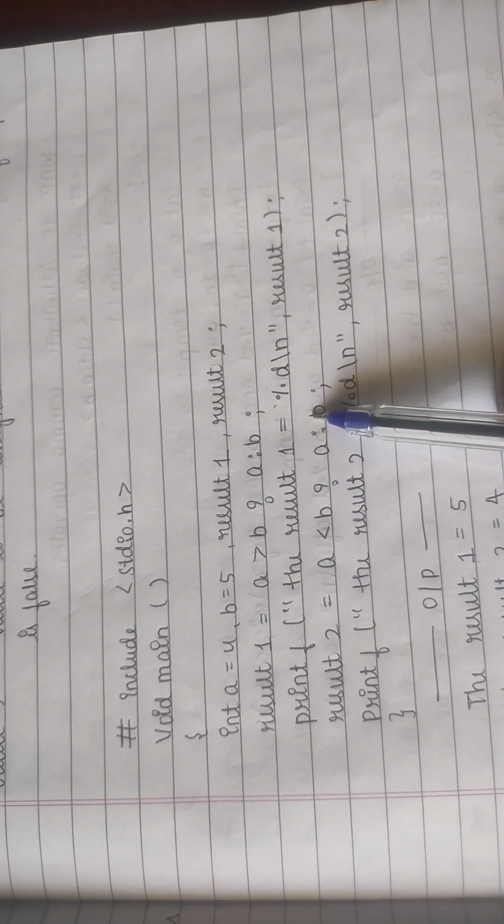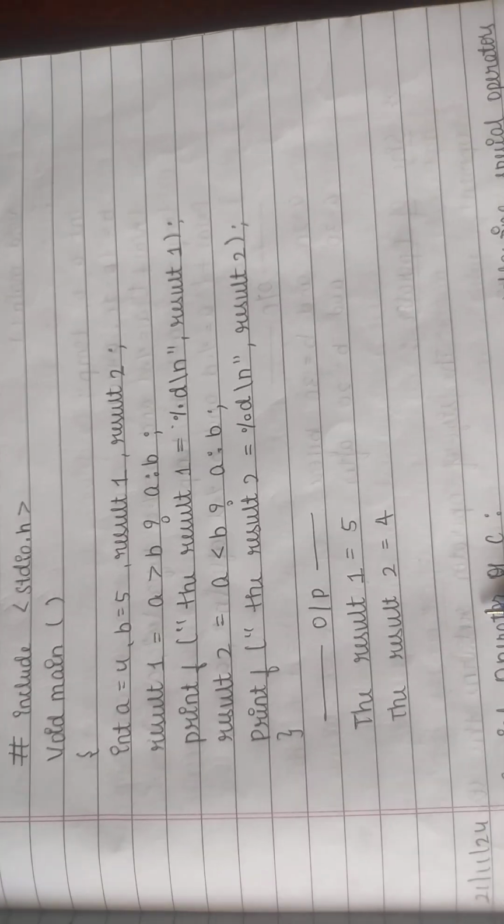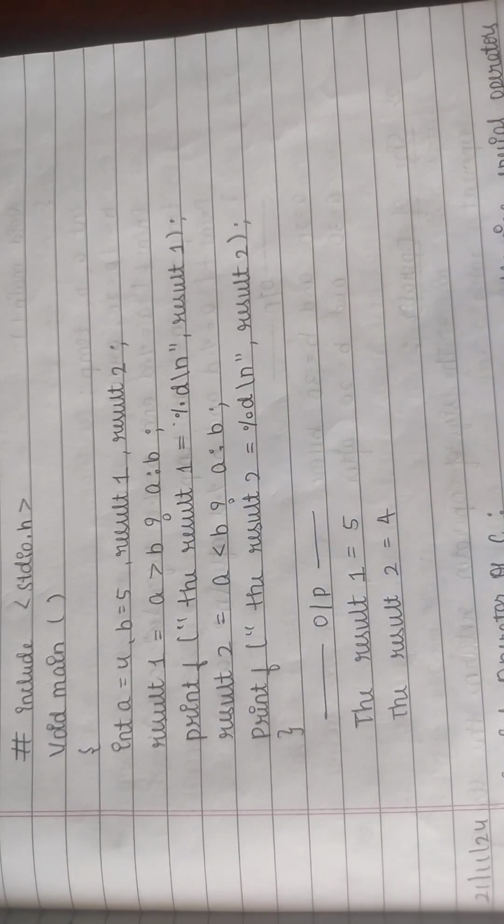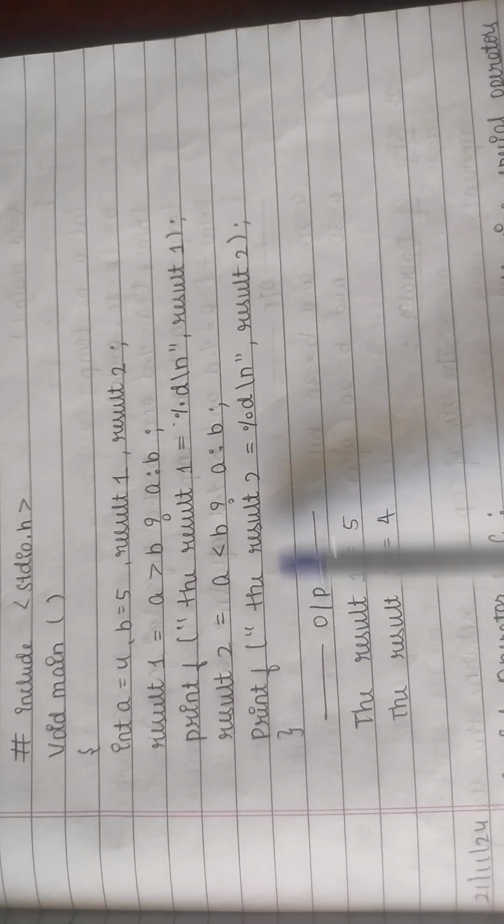Then printf the result 1. The result 1 is 5 and the result 2 is 4, because a is greater than b. If it is greater than, it will print result 1. If it is less than, it prints result 2, right?